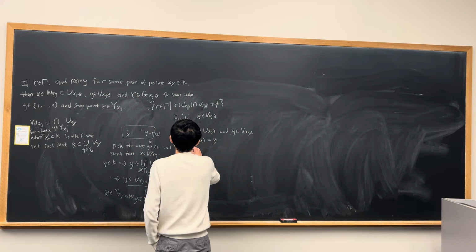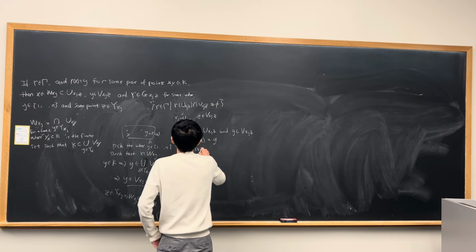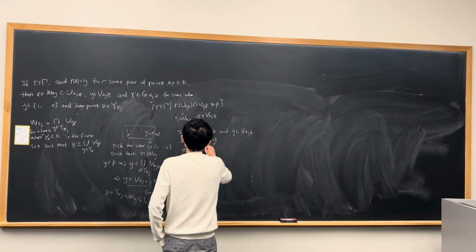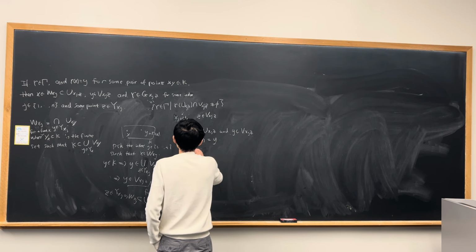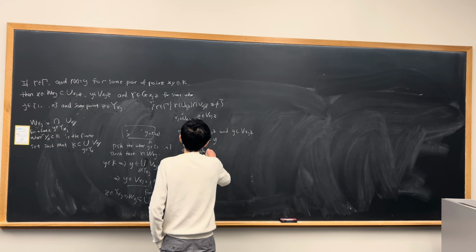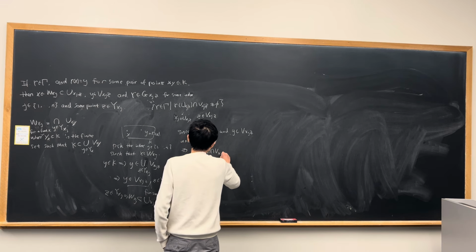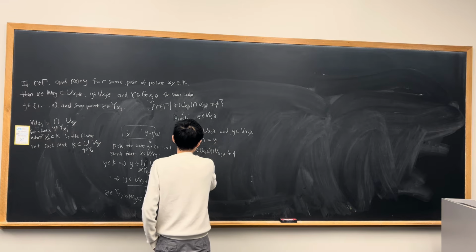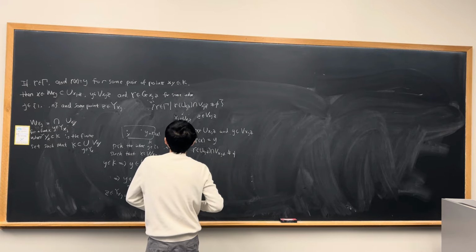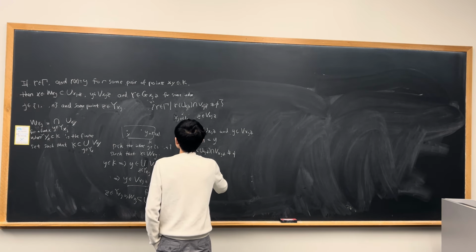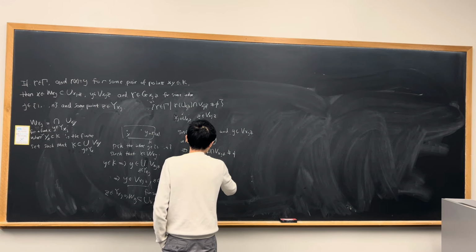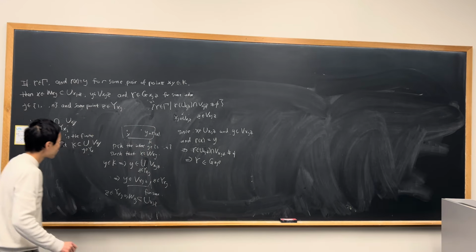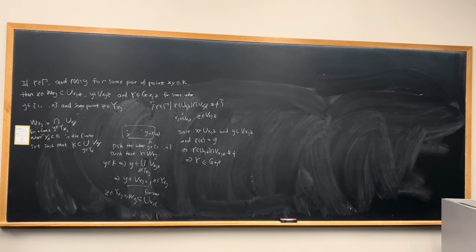So this tells you that this set is not empty, so this implies that this gamma is in G of x_j z for some z.